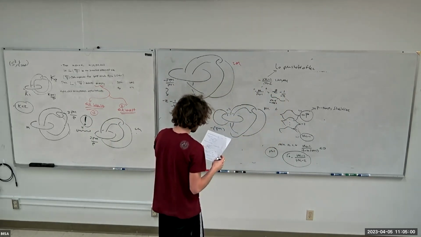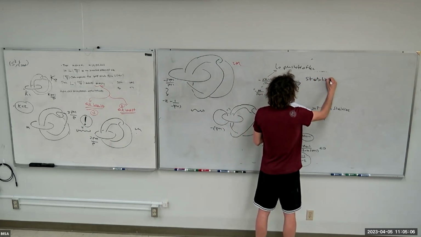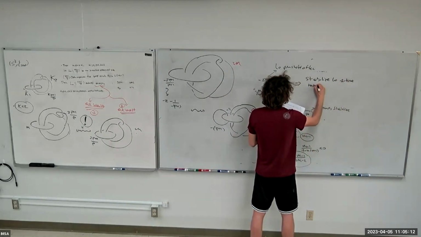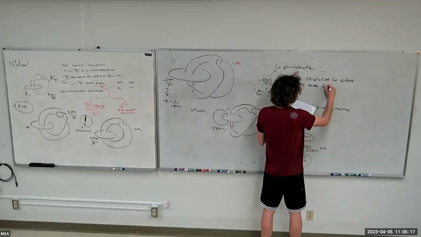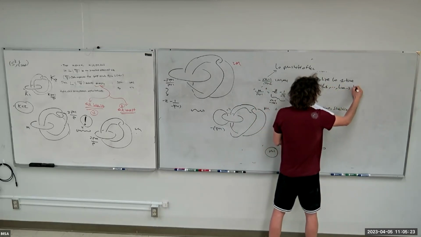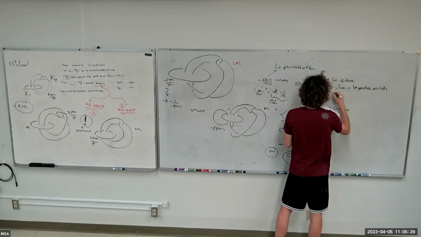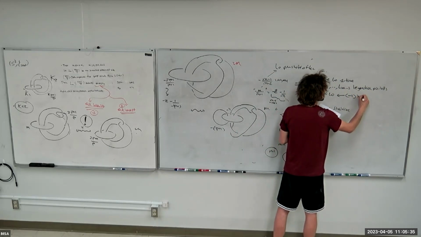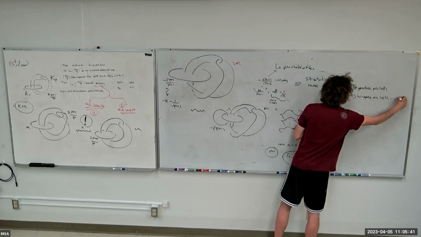So what I have to do now is stabilize L0 one time, take L1, take m minus 3 Lagrangian push-offs of L0 and do minus 1 surgery on L0, L1, L m minus 3.